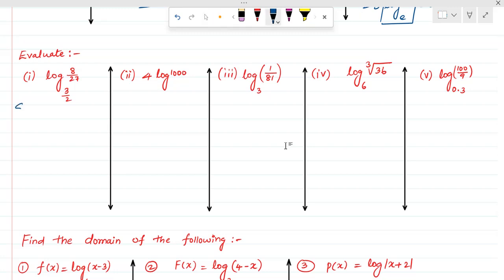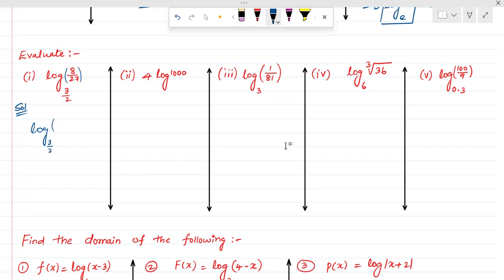Now the next one here. I have to make this one the proper, same base. You cannot change the base, but you can change this number. So I can take the reciprocal. Why will it become the reciprocal? Because I need 3 over 2.